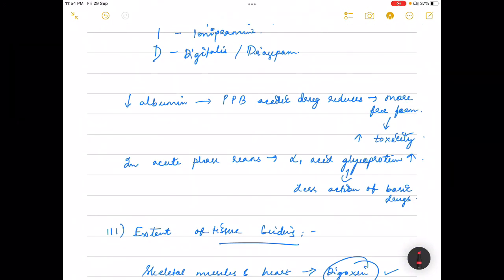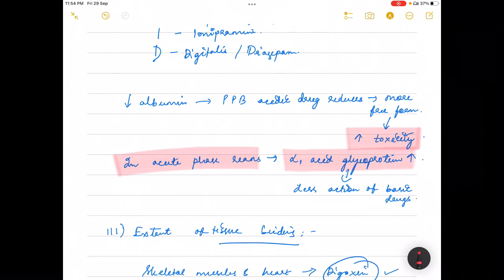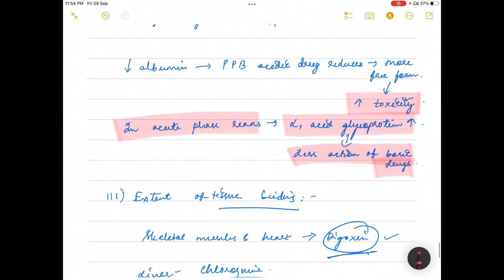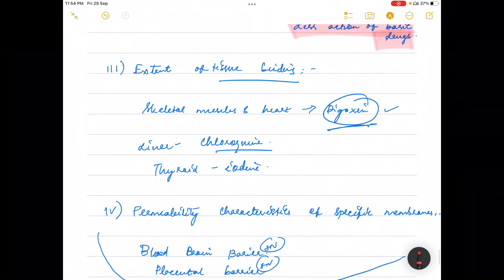In cases of nephrotic syndrome or hypoalbuminemia, there will be a decrease in albumin. So plasma protein binding of the acidic drug will reduce, and that will lead to an increase in the toxicity of the drug. In acute phase reactions, the alpha-1 acid glycoprotein will increase, so there will be less action of the basic drugs.